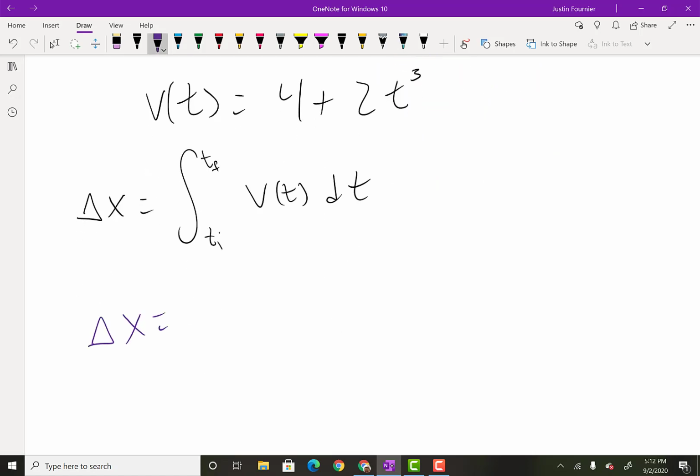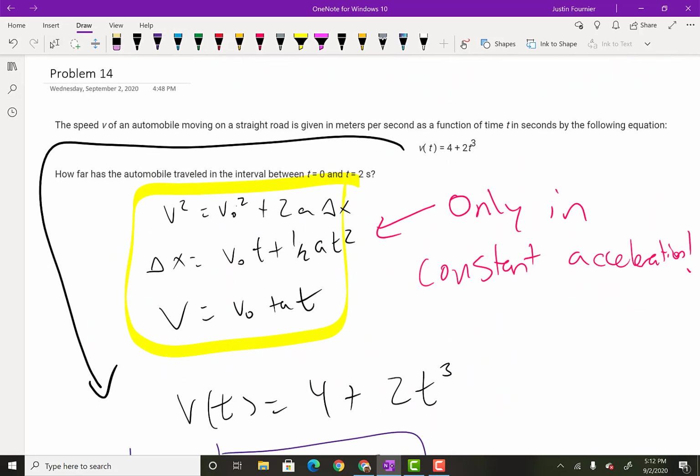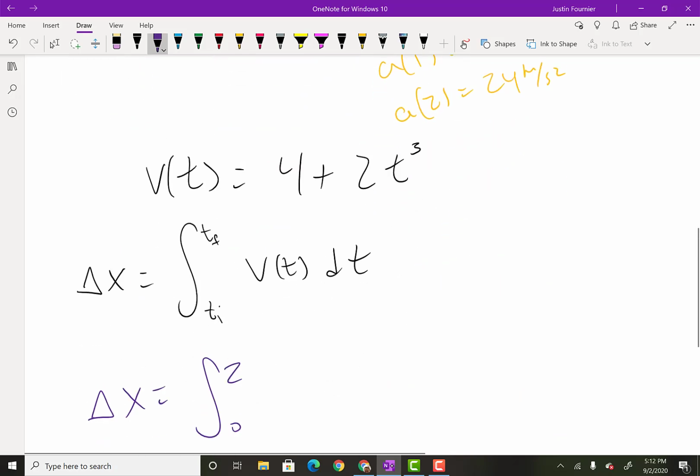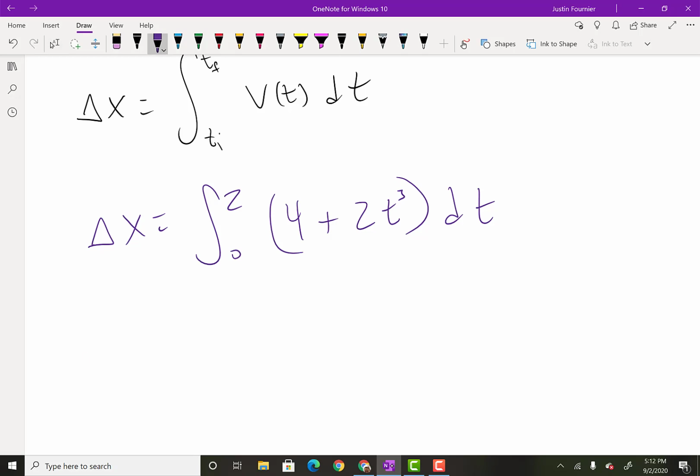So we're doing this from 0 to 2, right? Those were our limits. T equals 0 to t equals 2 seconds. So we're doing the integral from 0 to 2 of 4 plus 2t cubed, dt. Now remember, we can take this as each integral one by one.